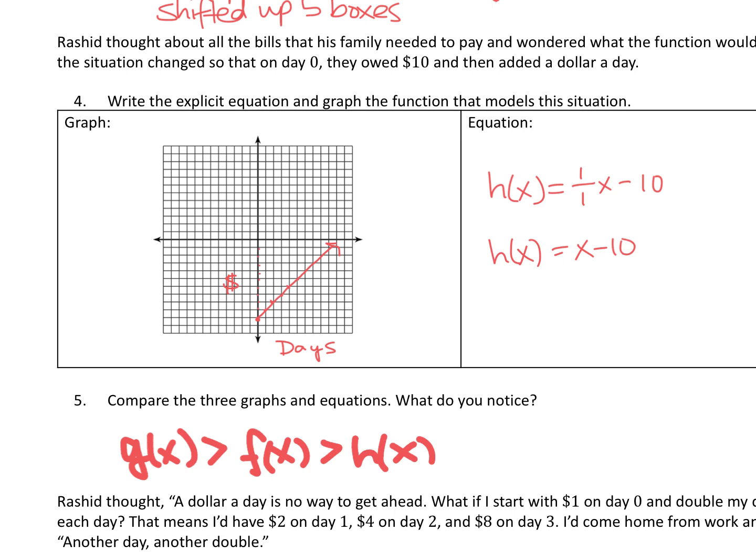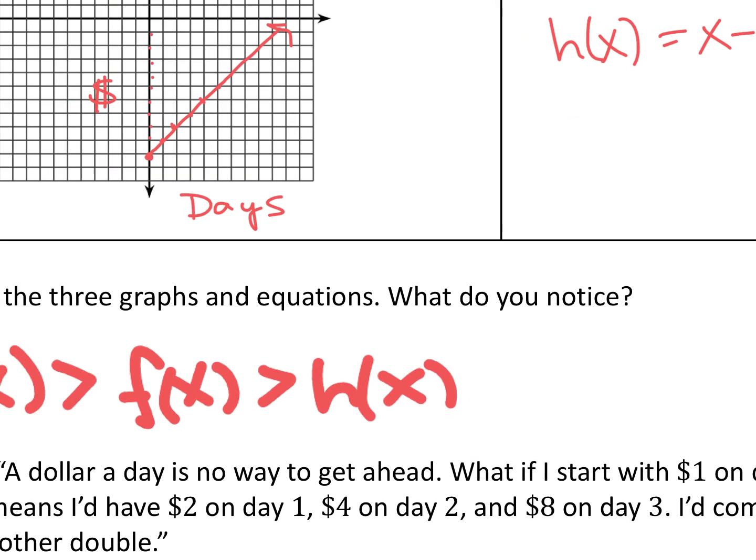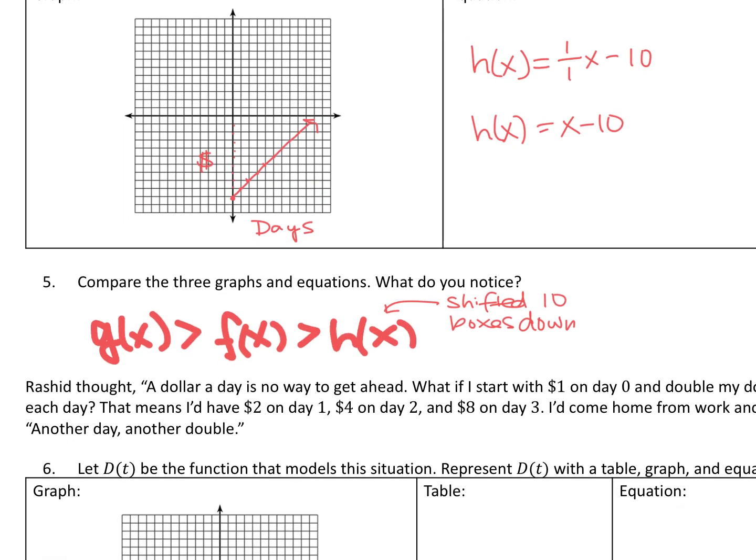And h of x is now the lowest because it was shifted those 10 boxes down. So I'm going to actually write that note in here. h of x is shifted 10 boxes down. Okay. All right.